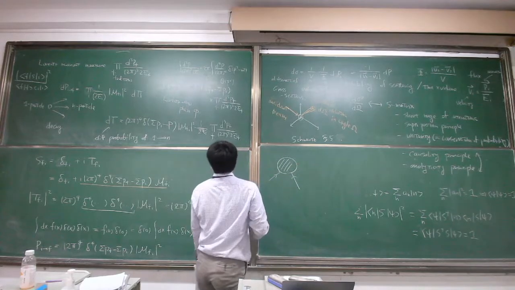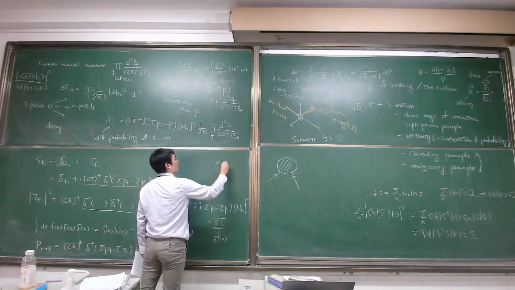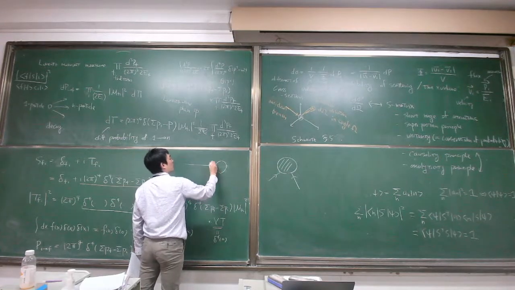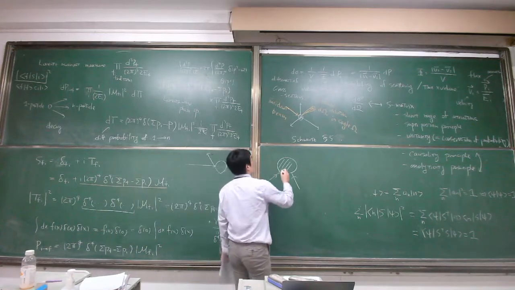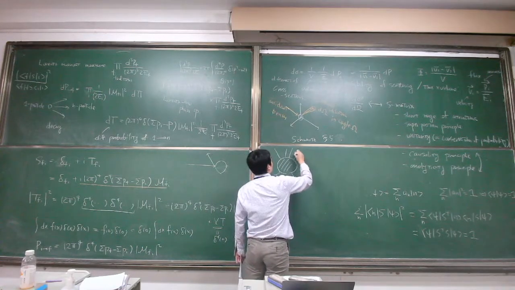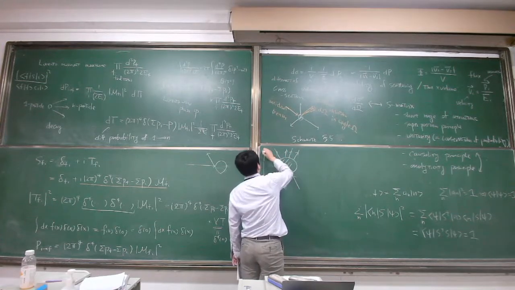This is exactly what we are interested in: there is a target, there is an alpha particle, and they scatter, like this, with time going in this direction.